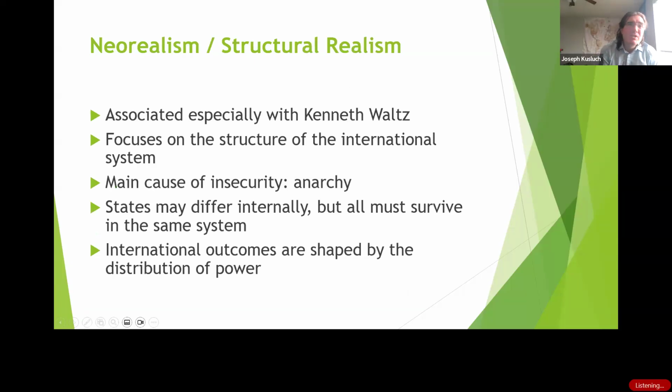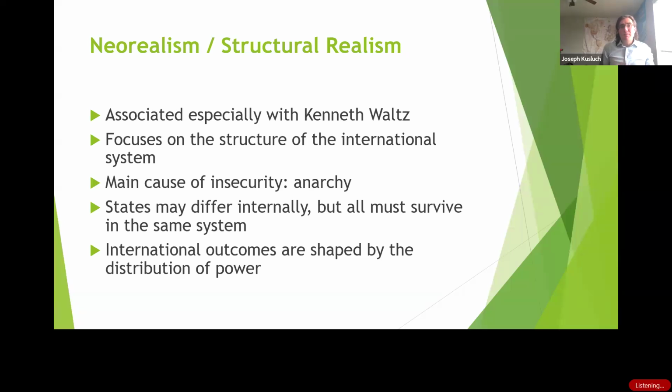Neorealism, especially associated with Kenneth Waltz, shifts attention away from human nature and towards the structure of the international system. Neorealists argue that the basic problem is not simply that some leaders are ambitious or that some states are aggressive.